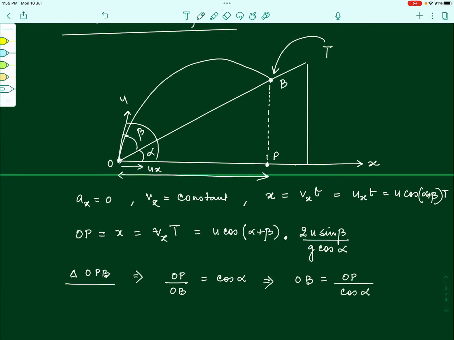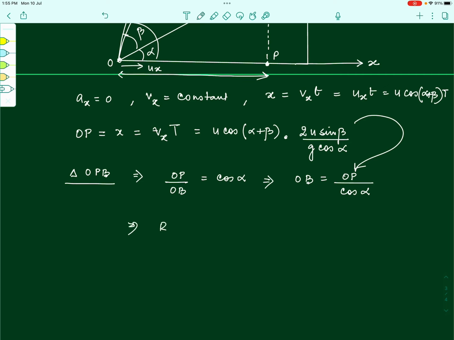And now all we need to do is substitute this particular value of OP over here in this expression to get the range. So, that implies range R, which is nothing but the length OB, will be OP, which is u cos alpha plus beta into 2u sin beta by g cos alpha divided by cos alpha, which will make this cos squared alpha.